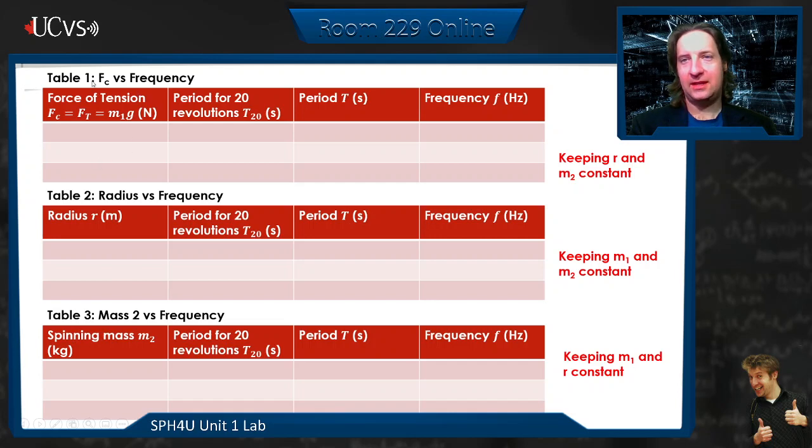So if we're looking at the relationship between the centripetal force and the frequency as it spins around, we're going to change M1. So that's going to be what you're putting in, the amount of tension that we're putting in the string. So we're going to manipulate M1. That's the number of washers, which will tell us the tension in the string, which will tell us the centripetal force on the ball.